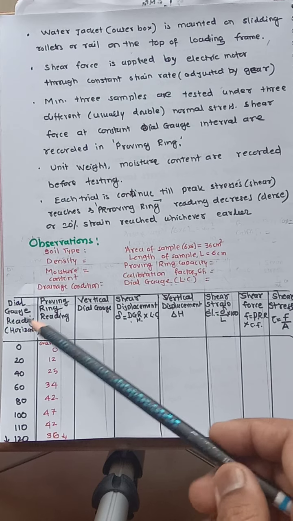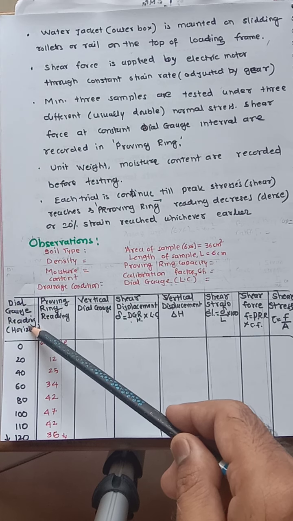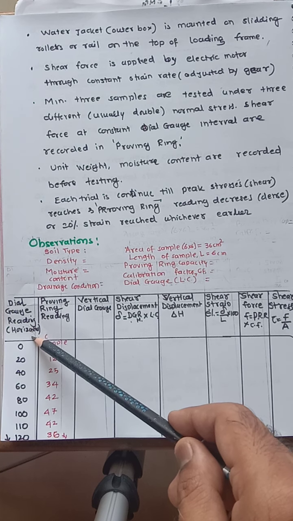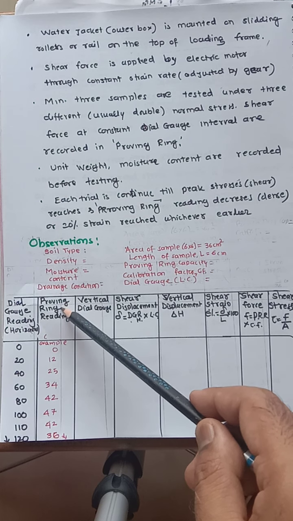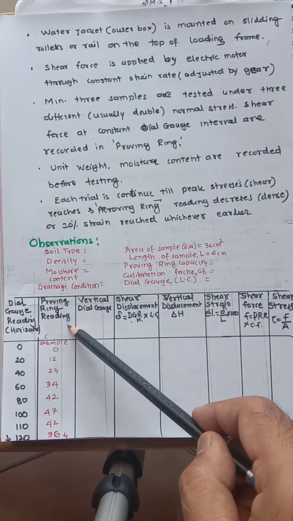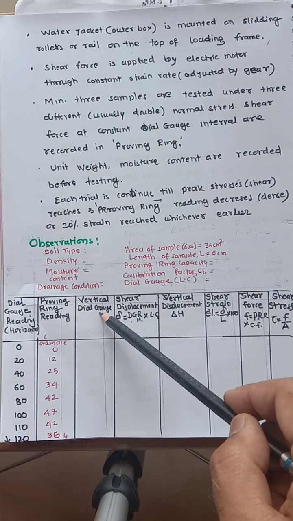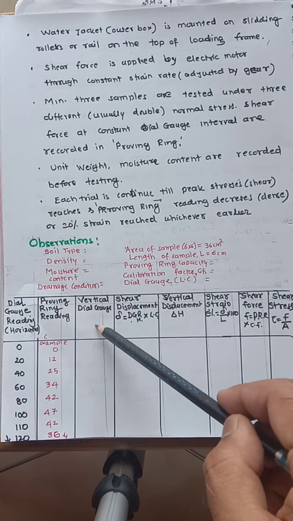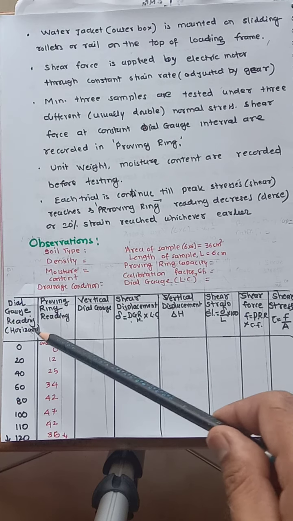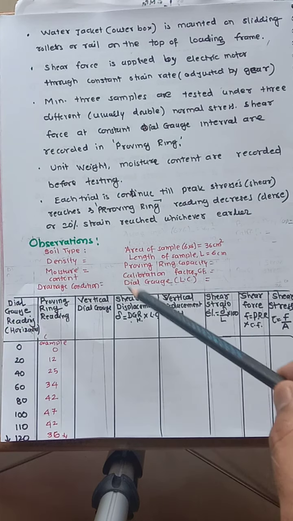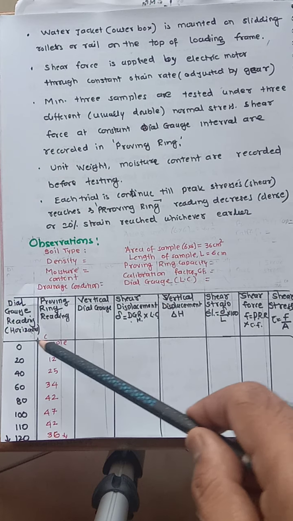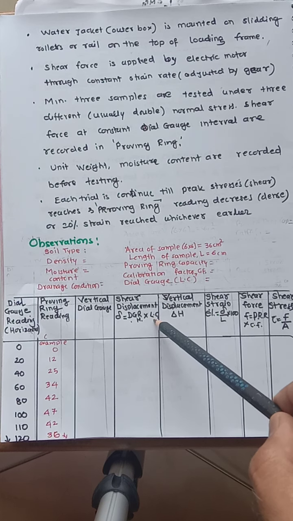Now you can see the table. The horizontal dial gauge readings are for the shear displacement. The proving ring reading gives you the shear force. The vertical dial gauge gives you the change in volume, or delta H. Shear displacement is found from the horizontal dial gauge reading times the least count.